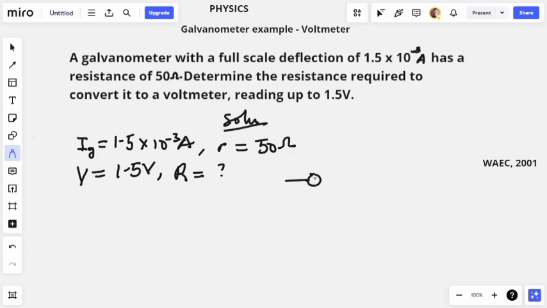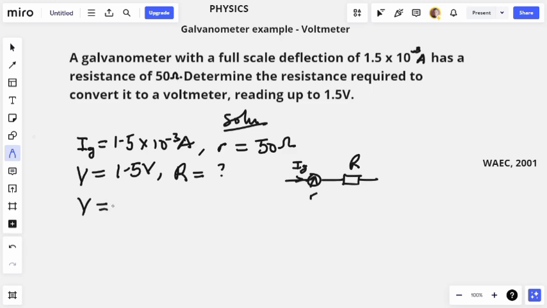So if this is your galvanometer at full scale, you have to connect a multiplier, or you say a resistor, in series with it. So this is the resistor they say we should find. Here represents the internal resistance of the galvanometer, while here is I subscript G. So it is R that we're looking for. So recall the relationship on how to convert a galvanometer to voltmeter.